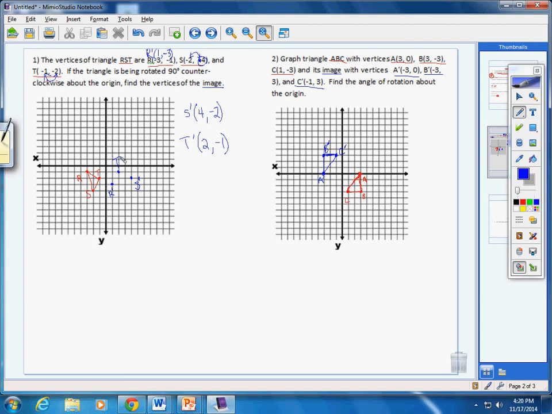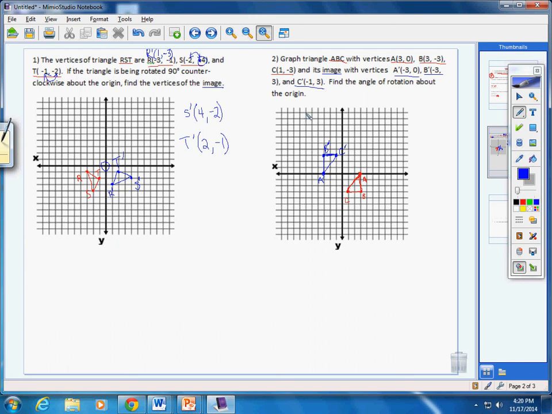That is T prime. If you want to, you can draw your lines in here nicely. So I've literally taken, here's the center of my imaginary circle. I'm trying to rotate around that central point, the origin, and all I did was move these guys each 90 degrees. Okay, so this looks good right here.